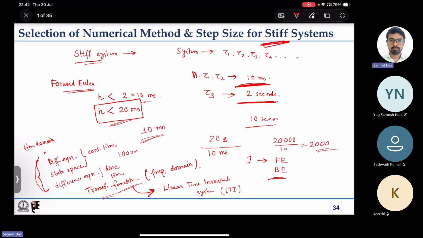After we realize the advantages of going into frequency domain, we will derive the frequency domain model, that is the Laplace transform model or transfer function model, of the DC machine that we have already got. We already have the differential equations. We will get the transfer function model of the DC motor, and from there we will go into the controller design and its power electronic implementation.